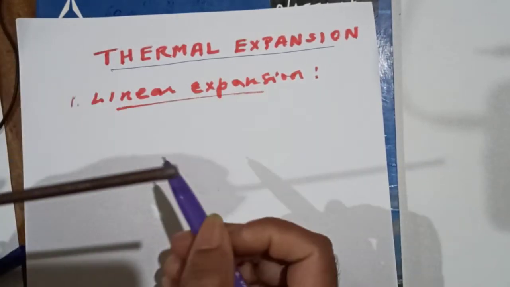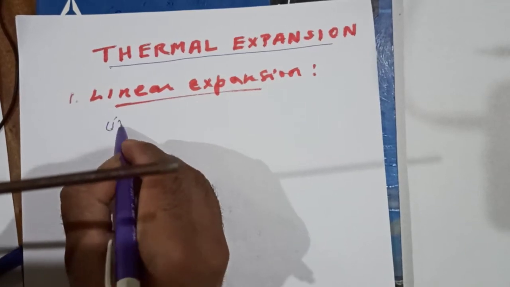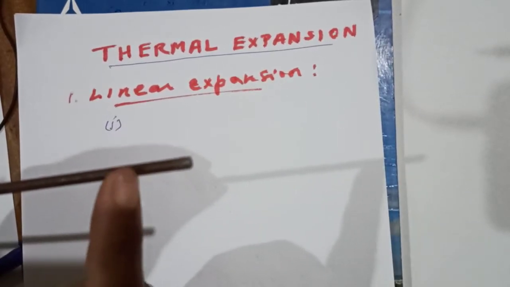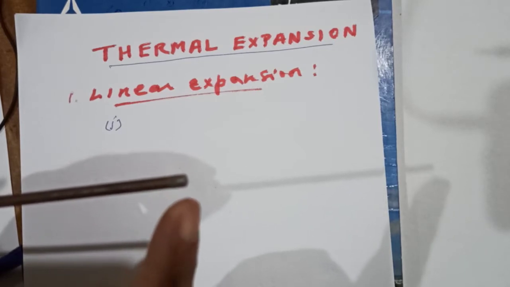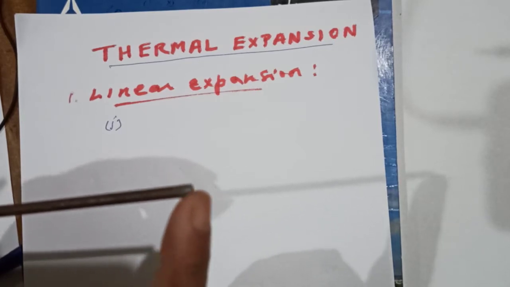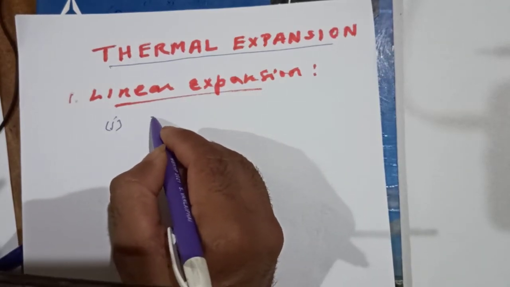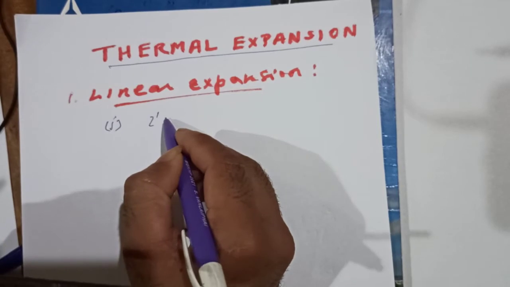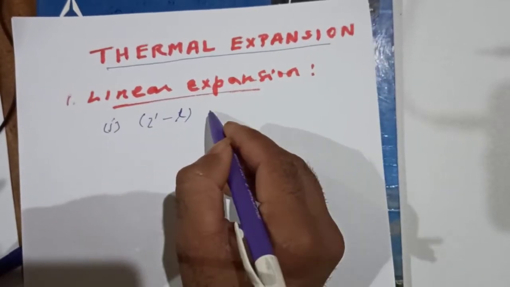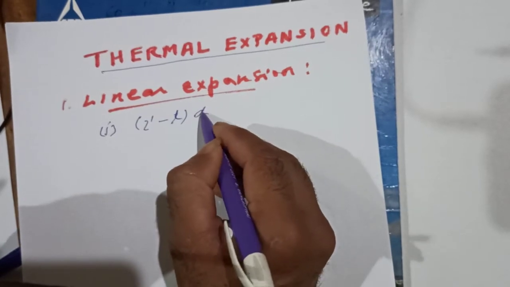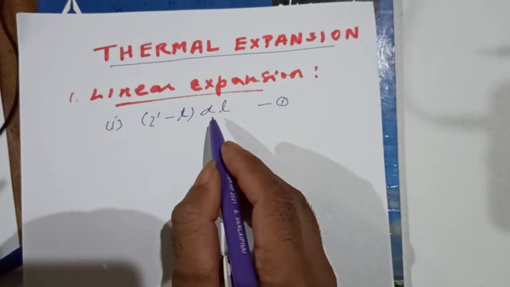So you have to know two things. Number one, the expansion of this iron rod will depend upon its original length. That is, if we express it in an equation, L prime minus L is directly proportional to the original length. Let's say this is equation number one. What is L prime?